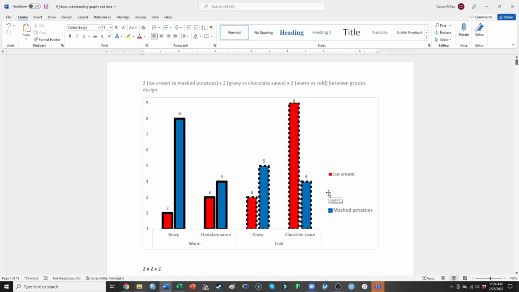People often say, yeah, they like ice cream better when there's chocolate sauce. But again, when we're looking at a main effect, we don't care about the topping. And we've got to just break this down. And I think that it's really helpful to think about this in terms of color coding, in terms of thinking about the outlines of these. It's really nice to kind of break this down.